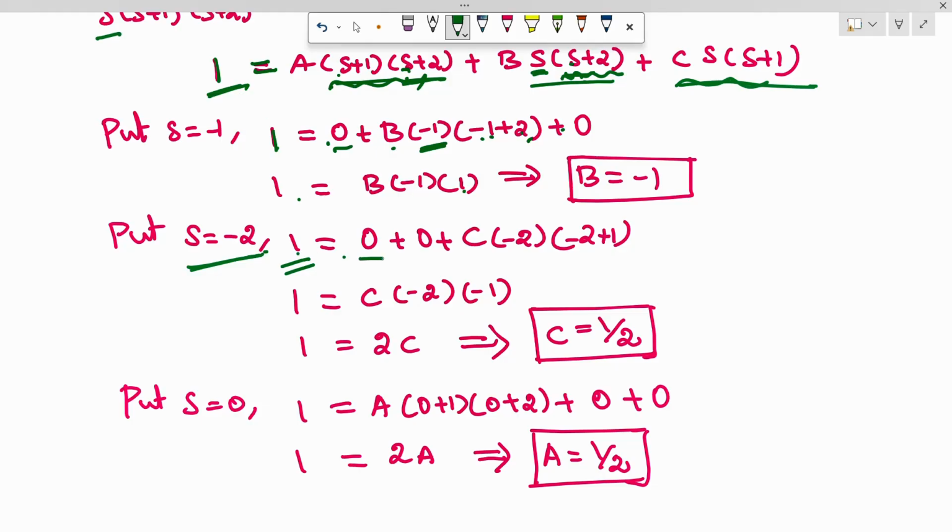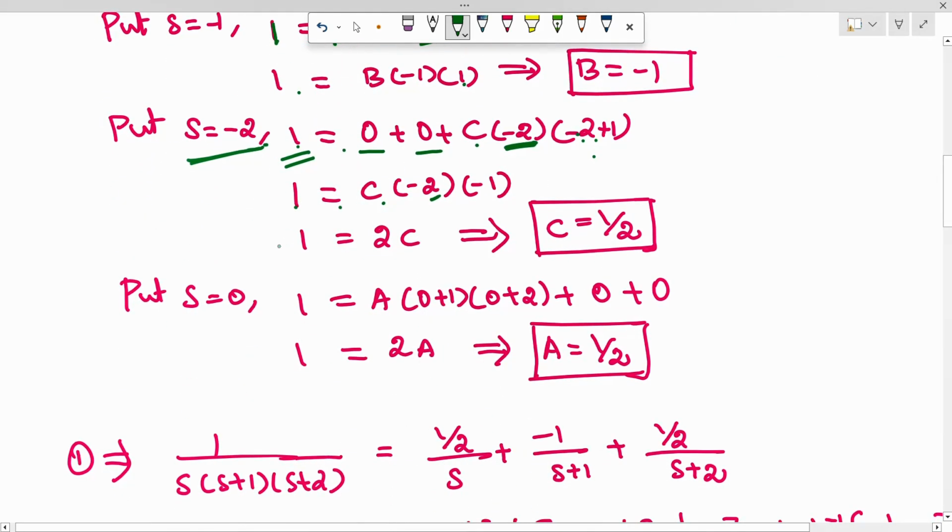So 1 is equal to 0 plus 0 plus c into, substituting s equal to minus 2, minus 2 into minus 2 plus 1. Now simplify this. 1 is equal to c into minus 2 into minus 2 plus 1, which is minus 1. Therefore, 1 equals 2c, because minus 2 into minus 1 will be 2c. Therefore, c equals 1 by 2.